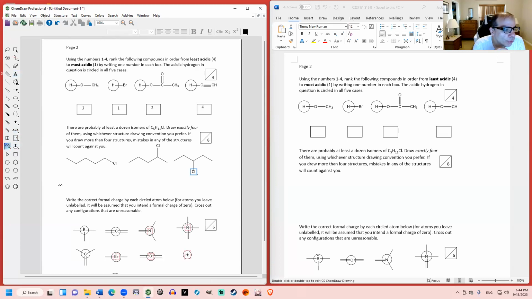And then you can start moving around methyl groups. You could come up with something like this. That would be C5H11Cl. Let me make sure. 1, 2, 3, 4, 5. Yep, that would be one of them.